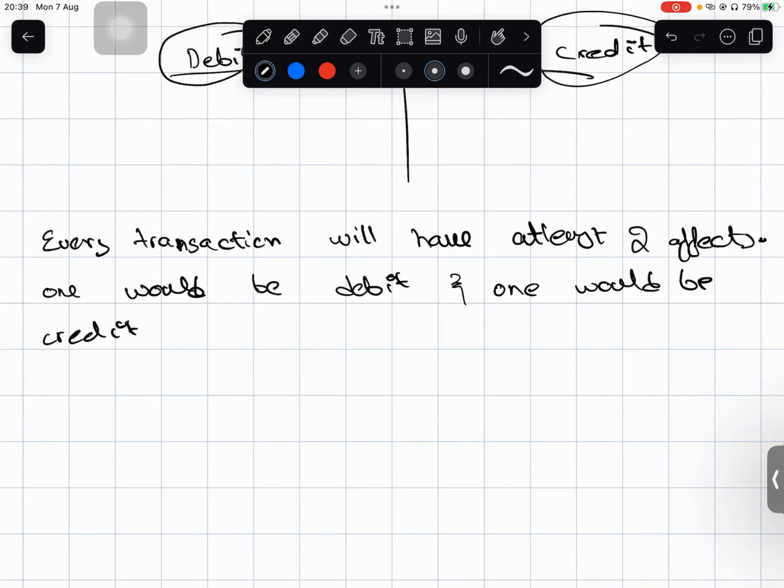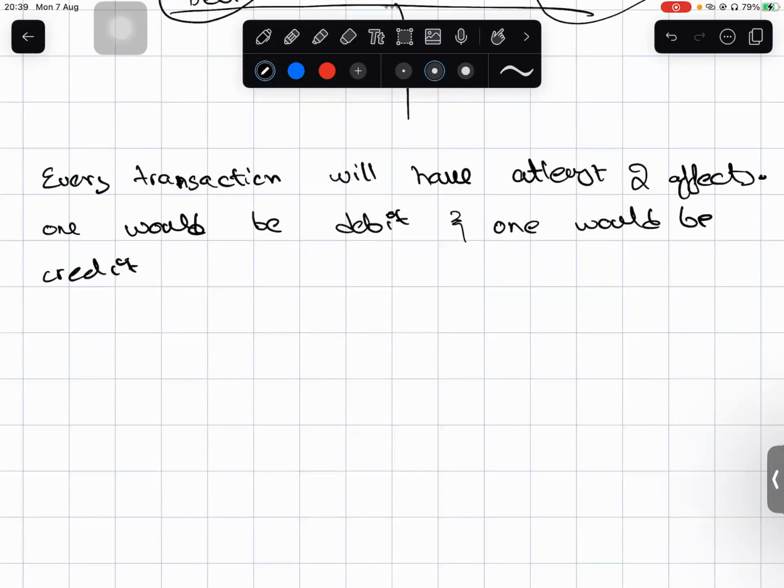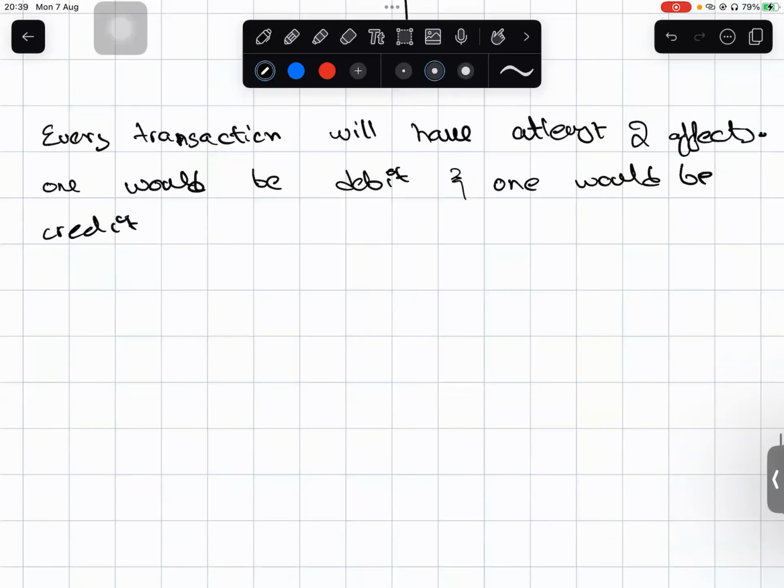Now, there can be more than two effects, but in 98 to 99% of the cases there will be only two effects, especially at the AS level of accounting.